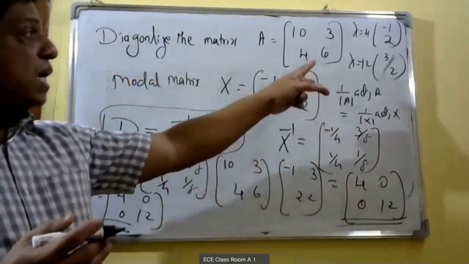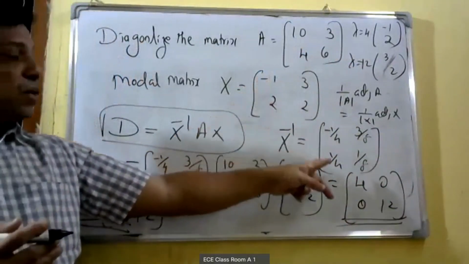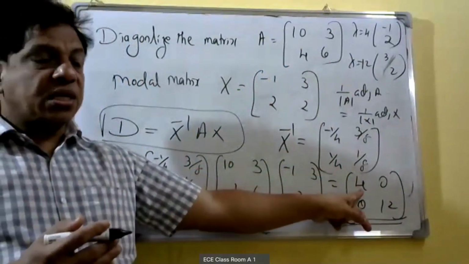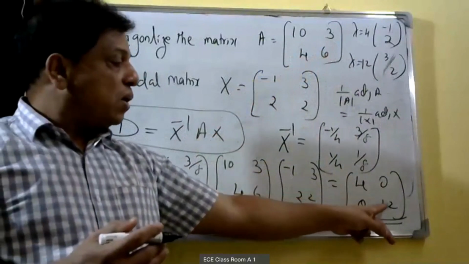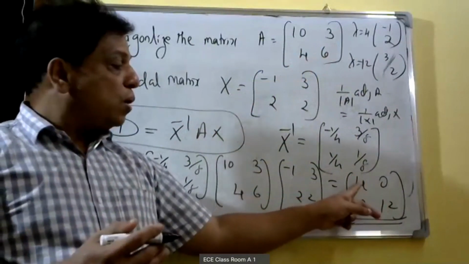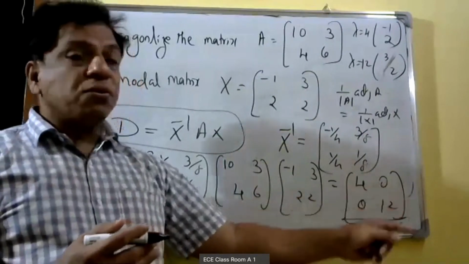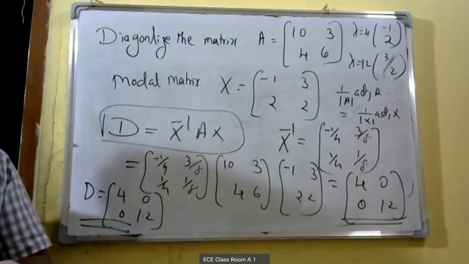We take the first eigenvector as the first column in X, therefore the first eigenvalue 4 appears first. The second eigenvector is taken as the second column, therefore the second eigenvalue appears here. All other elements will be zeros. This is the required diagonalization of the given matrix.